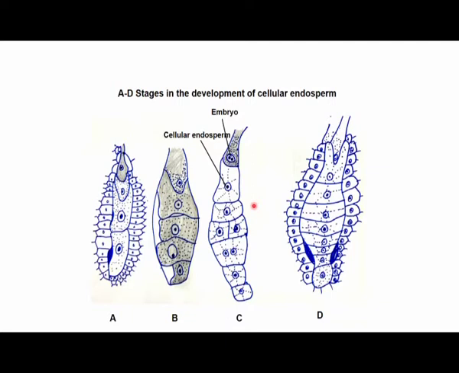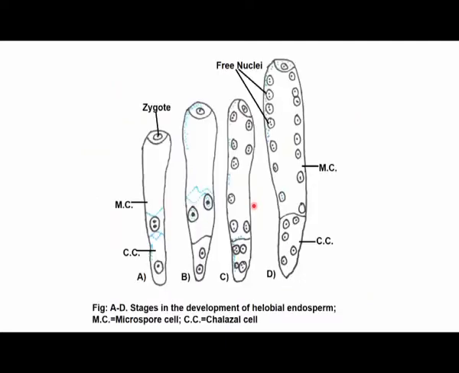Now, the third mode of endosperm development is called the helobial. Helobial is actually a mixture of the nuclear as well as the cellular endosperm development. So, in the helobial type of endosperm development, the primary endosperm nucleus moves to the... so, in this case you see this is the embryo sac where you have a zygote on one end and the antipodal cells on this side.